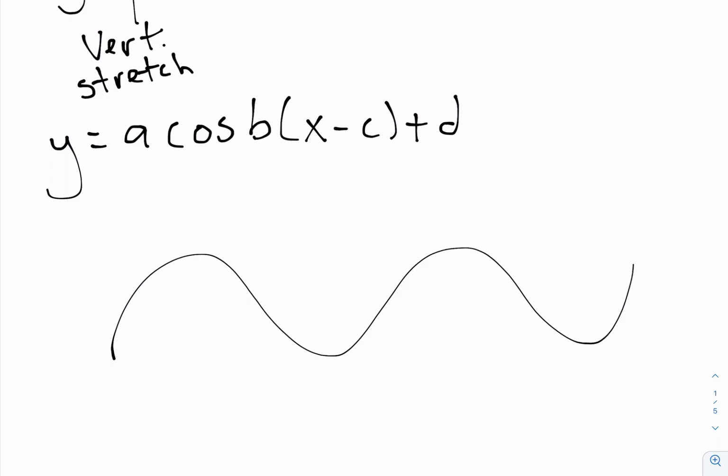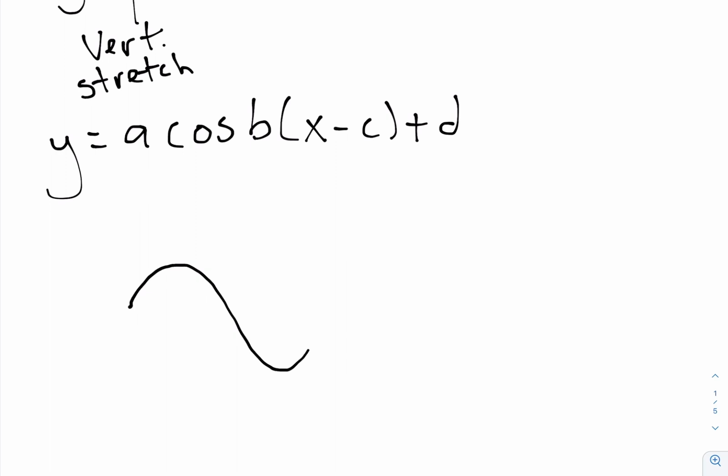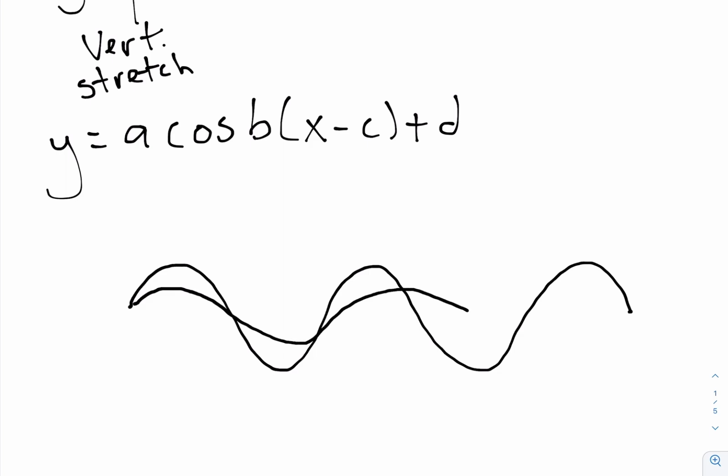I'm going to draw it more accurately. If this was sine of x, and a was less than 1, it would look something like this. I'm not drawing it super well here, but that's the idea.